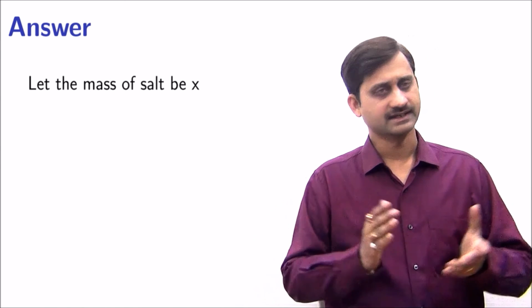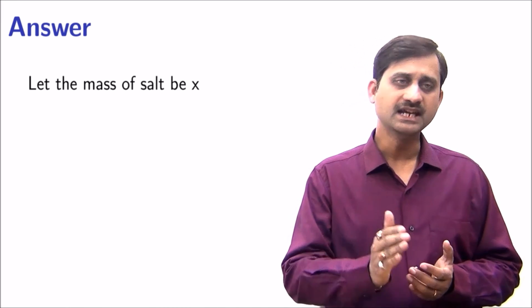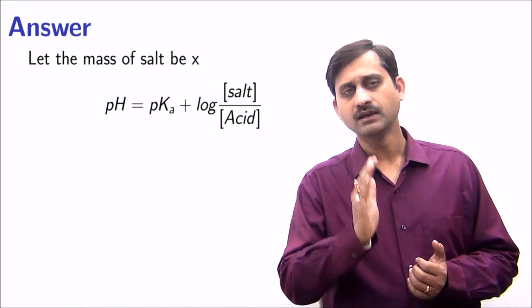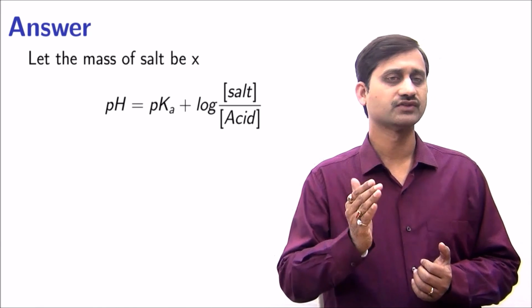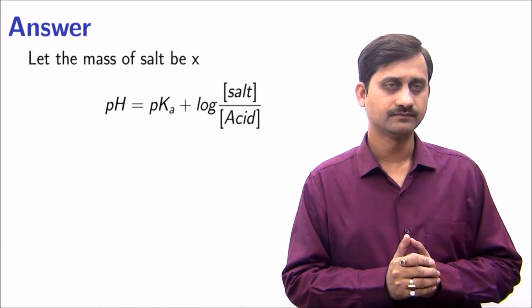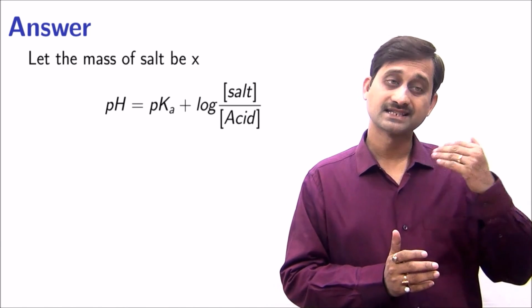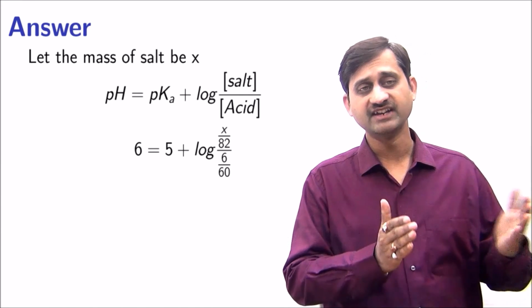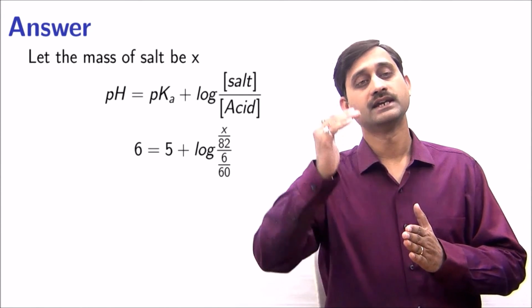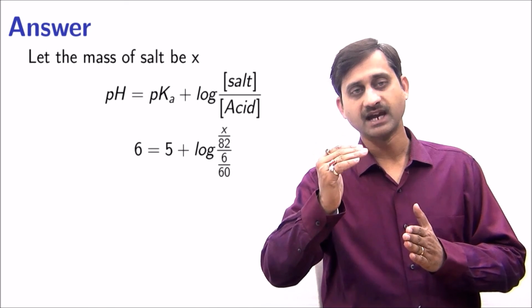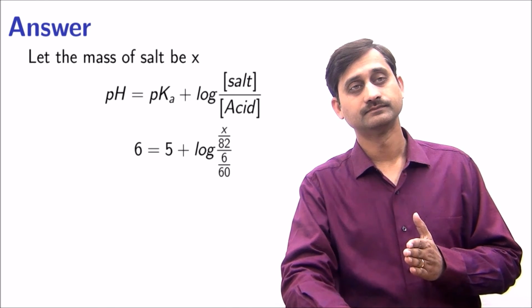Let the mass of salt be x. The pH is equal to again pKa plus log of concentration of salt divided by concentration of acid. That would give us 6 is equal to 5 plus log of x by 82 divided by 6 by 60.